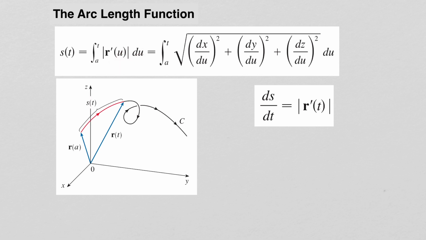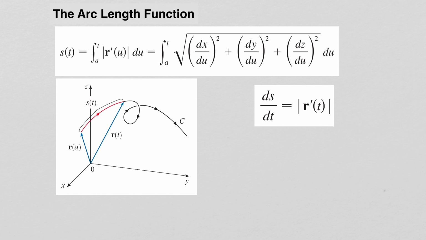Now the reason we're using the variable u here is because if we have the variable t in our limit, we have to use a different variable down here. So normally this would be t and this would be dt, but in this case we have to use a different variable. And of course this is equal to the following integral.